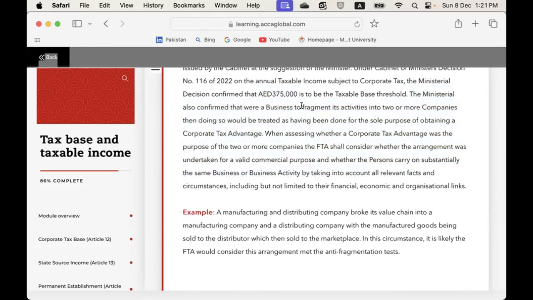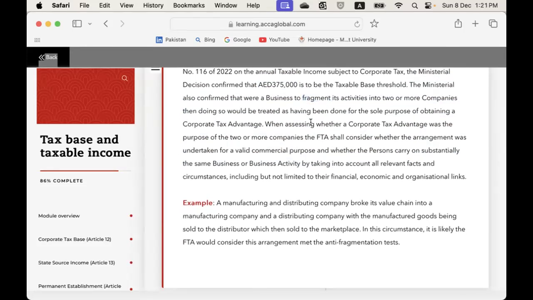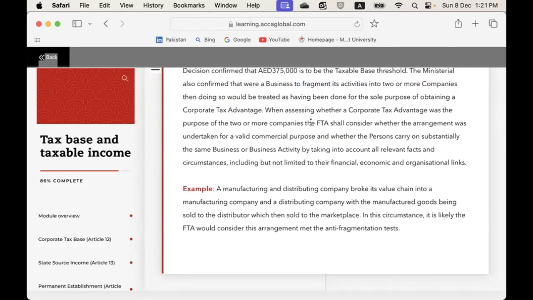You can't artificially fragment your activities just to stay below the 375,000 radar. If it is an artificial separation of business, FTA has the right to consider it as one taxable person, and they can increase the tax liability by seeing two entities as one.